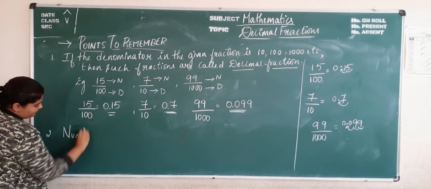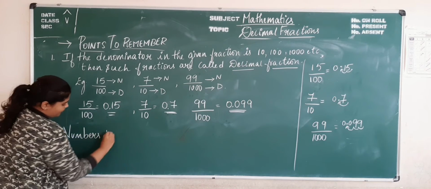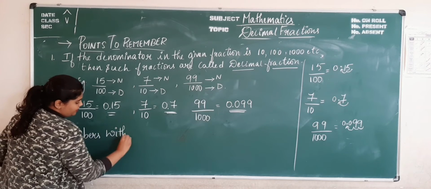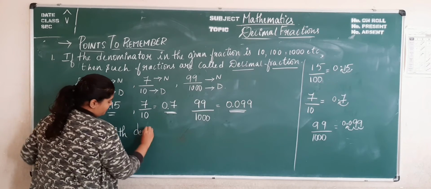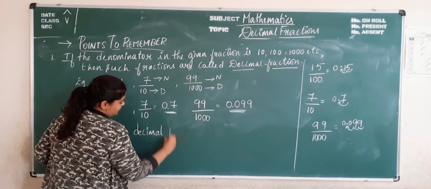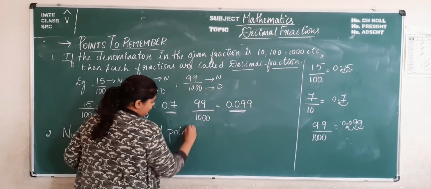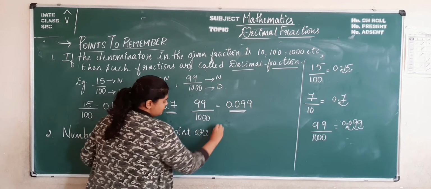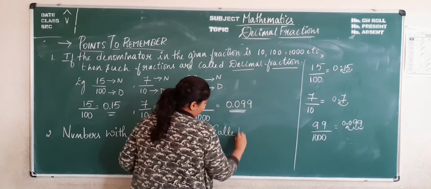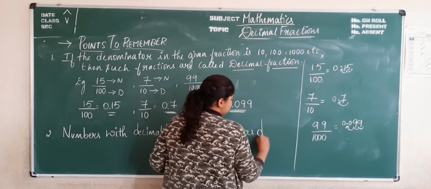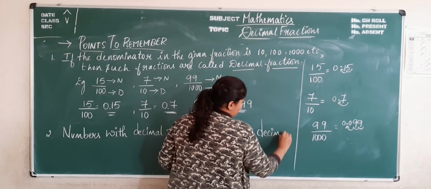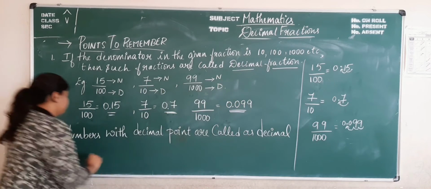Numbers with decimal point are called decimal numbers.